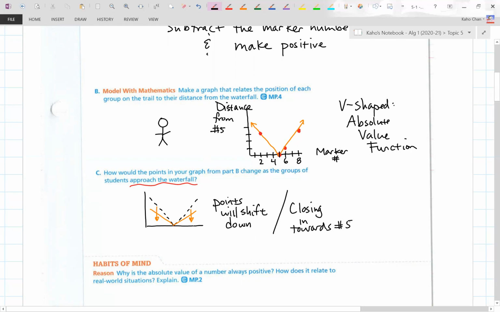And eventually, the distance from mile marker 5 with the students will eventually approach 0.